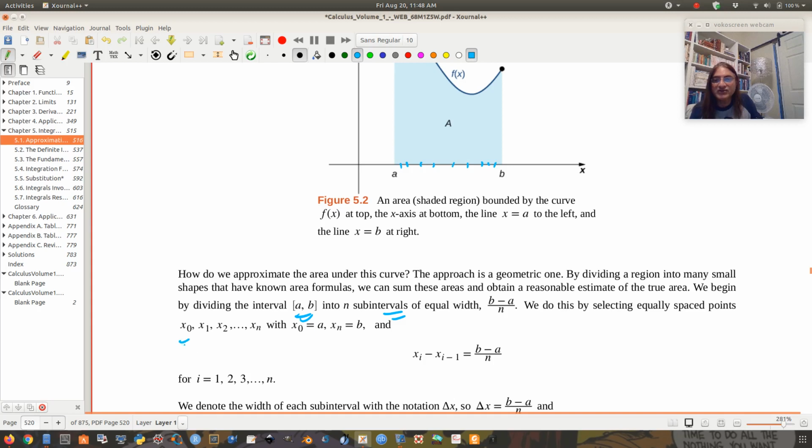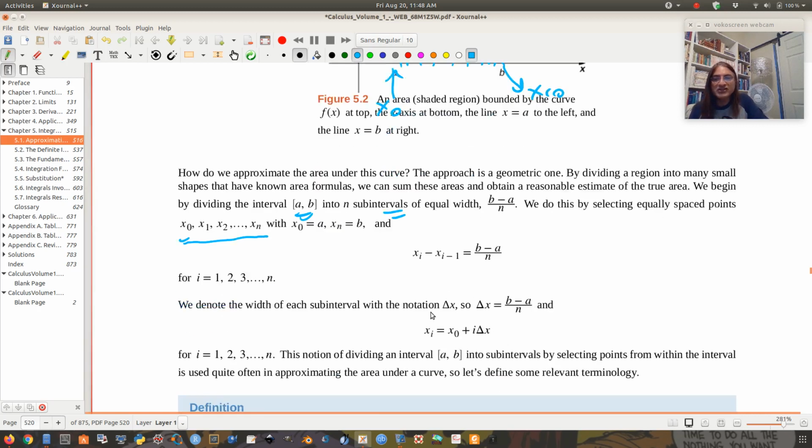So we get x0 up to xn, where x0 is a and xn is b. This would be x0, and we have x10 over here: 0, 1, 2, 3, 4, 5, 6, 7, 8, 9, and 10.